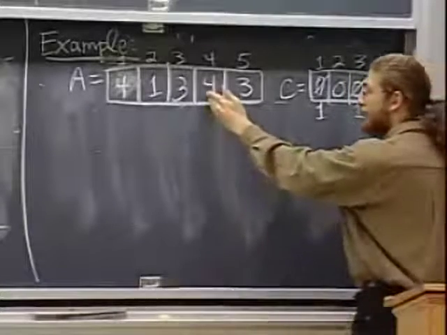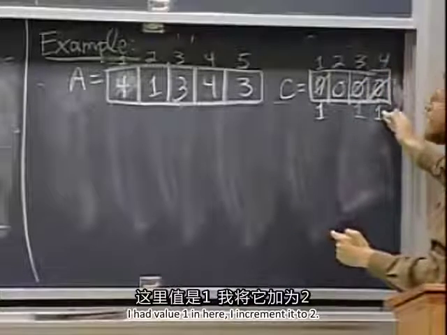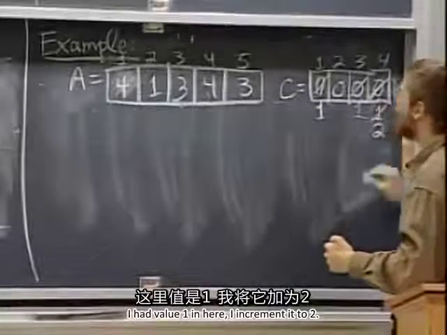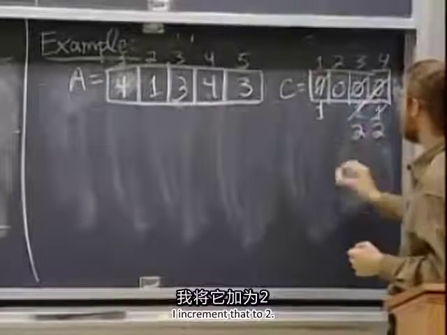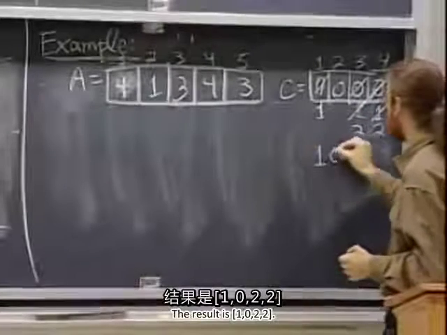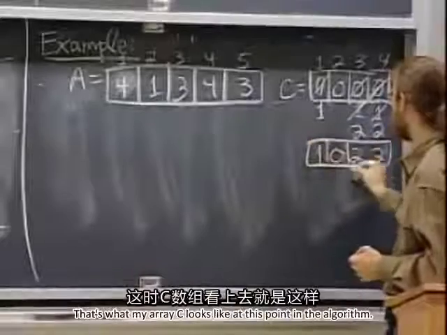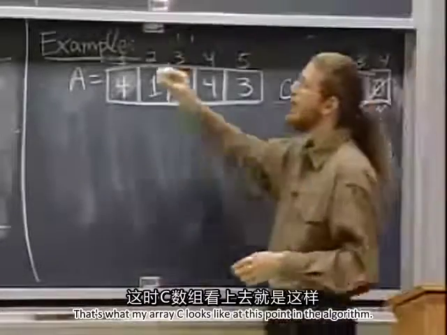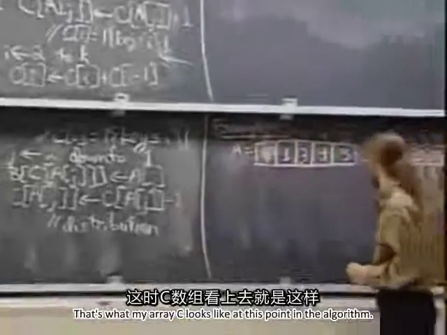Not so exciting so far. Now I see 4, which I've seen before. How exciting. It had value 1, and here I increment it to 2. Then I see value 3, which also had a value of 1. Increment that to 2. So the result is 1, 0, 2, 2. That's what my array C looks like at this point in the algorithm.